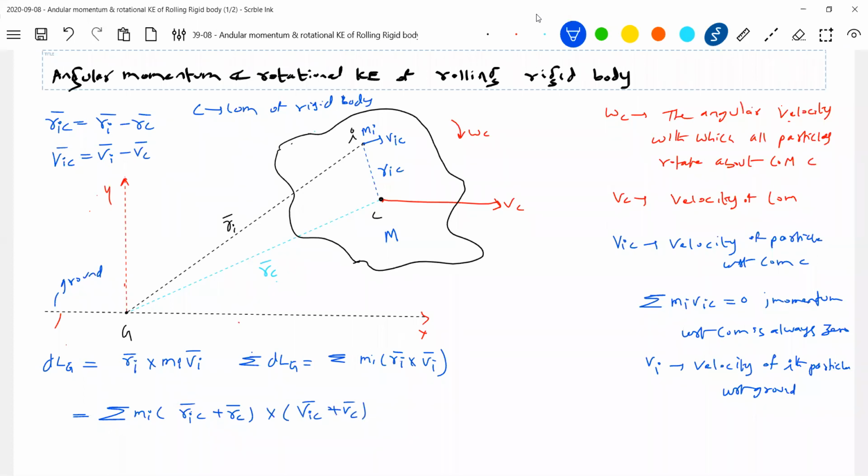I think we have to go back to our ideas of center of mass. Let's expand this formula. If I expand this, what all do I get?